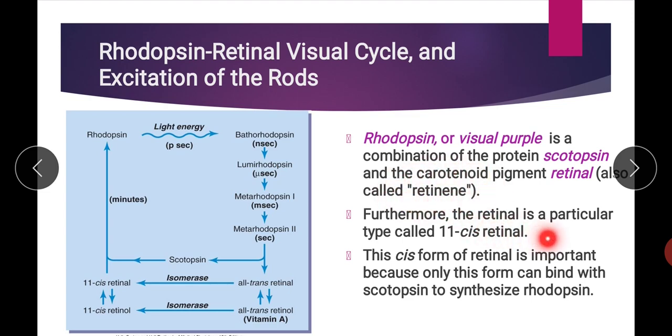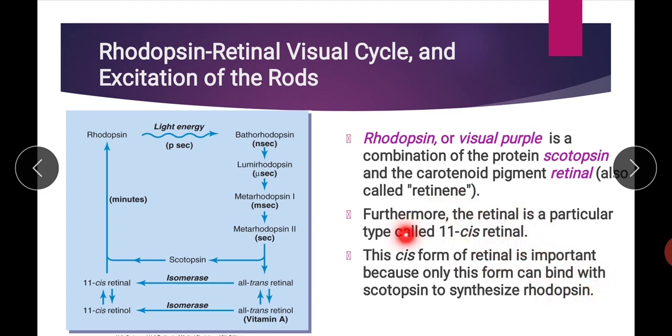Furthermore, the retinal is of a particular type called 11-cis retinal. This is its physical structure. The cis form of retinal is important because only this form can bind with scotopsin to synthesize rhodopsin.